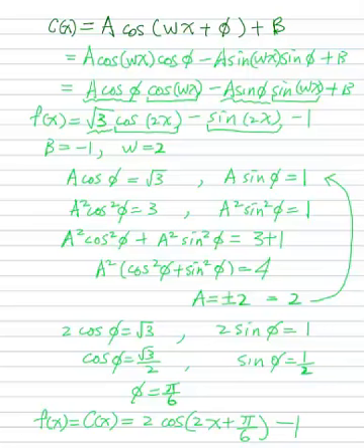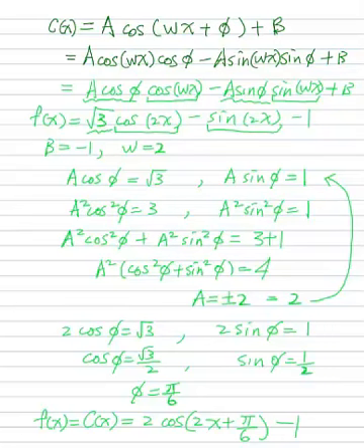We use some identity for cosine and distribute a to get a cosine of the first angle omega x times cosine of phi minus a sine of omega x times sine of phi plus b.